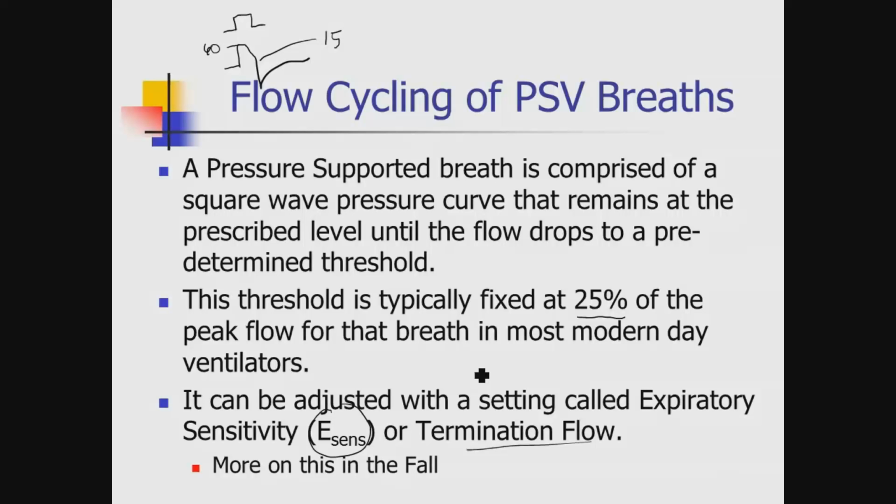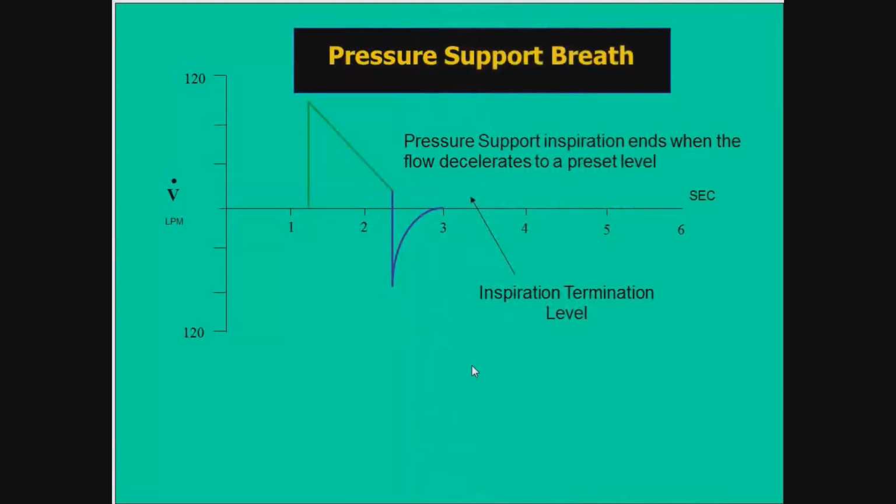So it's still considered a spontaneous breath because the patient's in control. This is showing that the cutoff point is based upon whatever the starting one was. It's a certain percentage of the peak inspiratory flow rate.